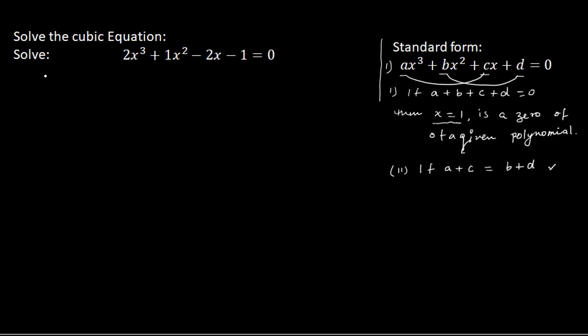Let us see here. We can see the sum of coefficients is simply 0. So since 2 plus 1 minus 2 minus 1 is 0, x equals 1 is a zero of the given polynomial.